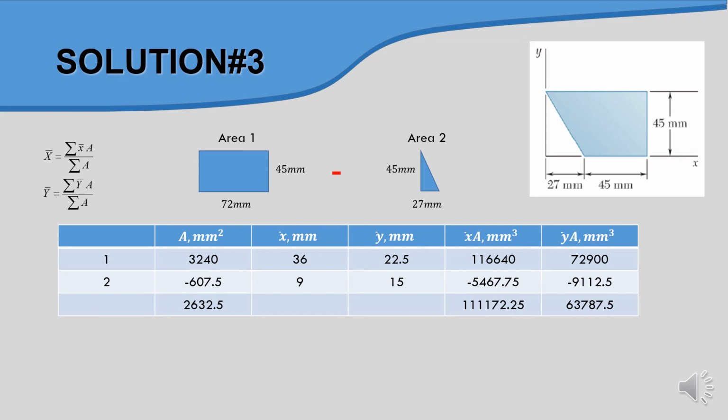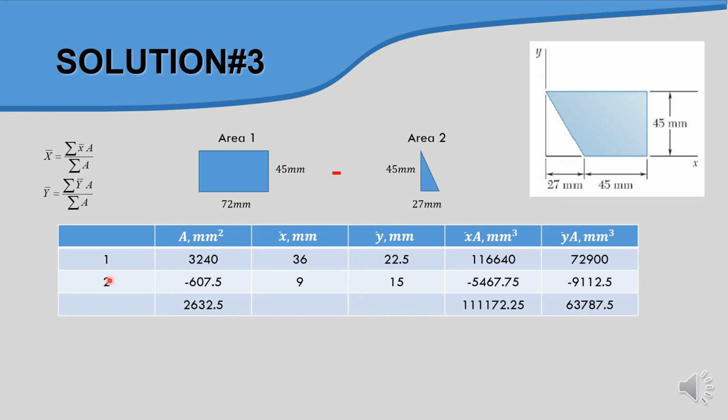For x bar A, we have 36 times 3240, and it gives this value, and also y bar A is 3240 times 22.5. It also applies to area number 2, where we need to subtract the value.